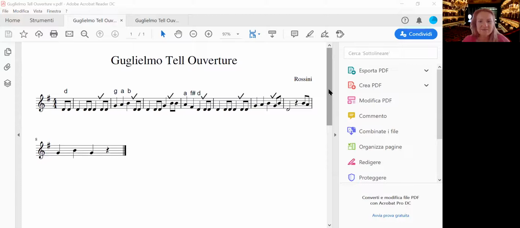Maybe you'll remember this tune. I simplified it so that we can play it, of course.